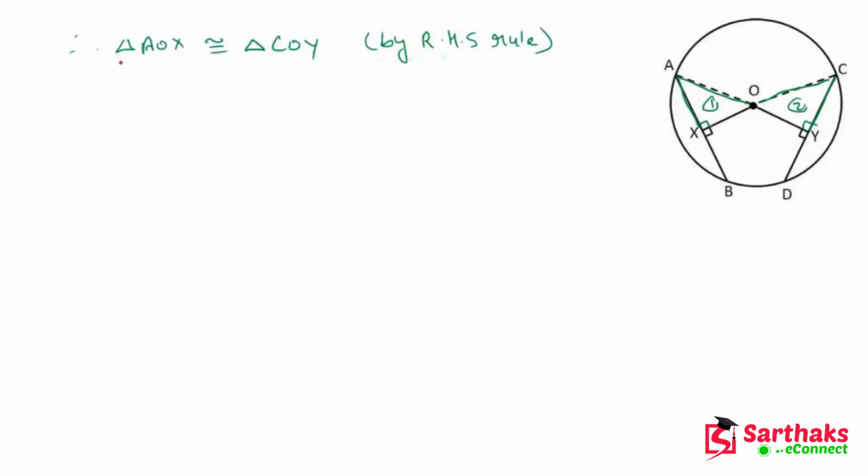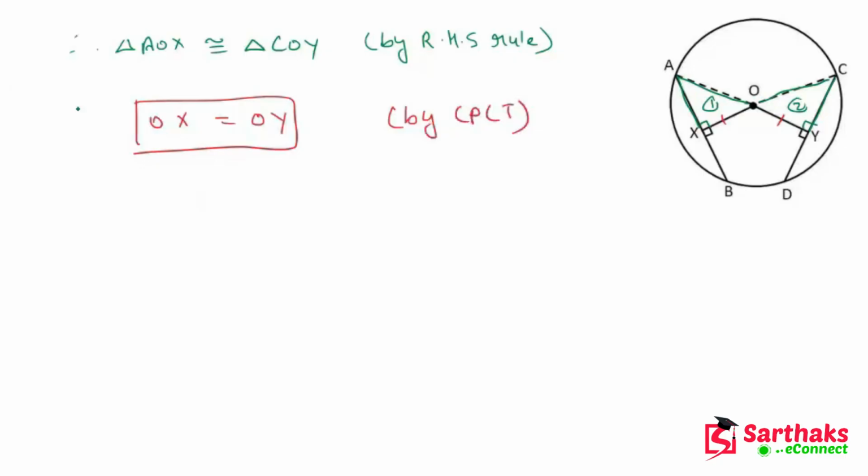So OX is equal to OY, by CPCT. Hence proved. I hope you understand. This is the proof of this theorem.